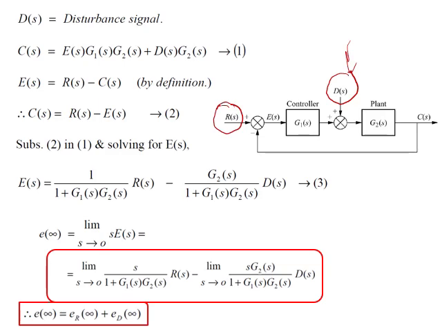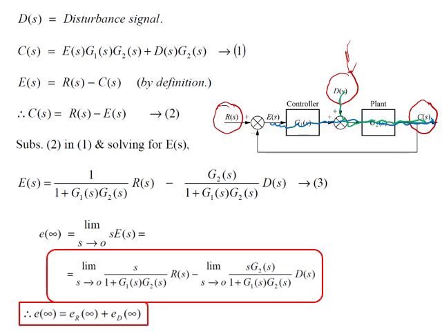So how do we evaluate that equation? We will calculate C(s). C(s) is coming from two different paths. The first path is not from R(s); it starts from E(s) and goes through G1 and then G2 to the output. The other one is coming from D(s) and continues till the end.